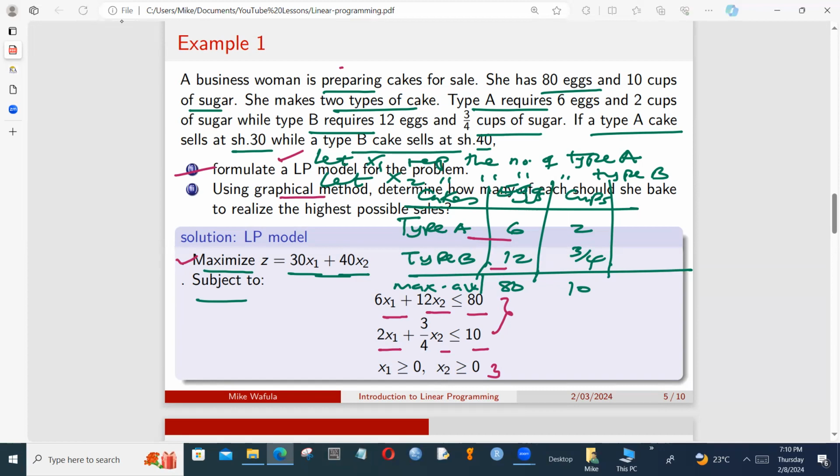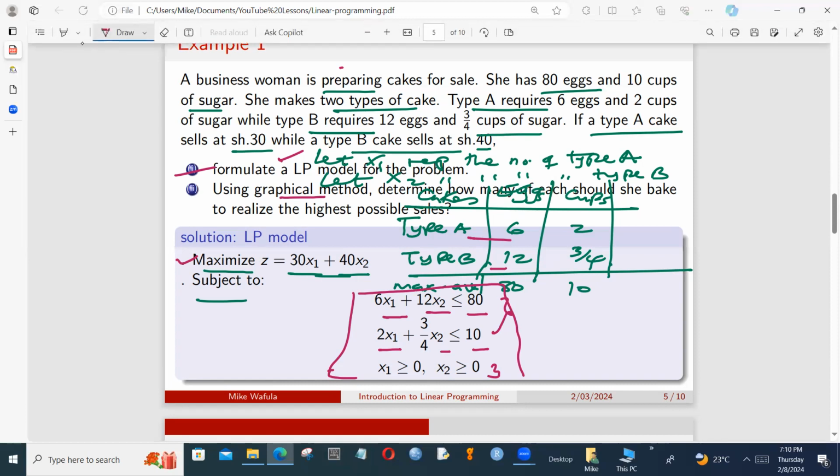So we do the graphing, and graphing here requires that we just graph the constraints only. That is what is required for us to plot. And so we plot these 4 inequalities in a Cartesian plane.